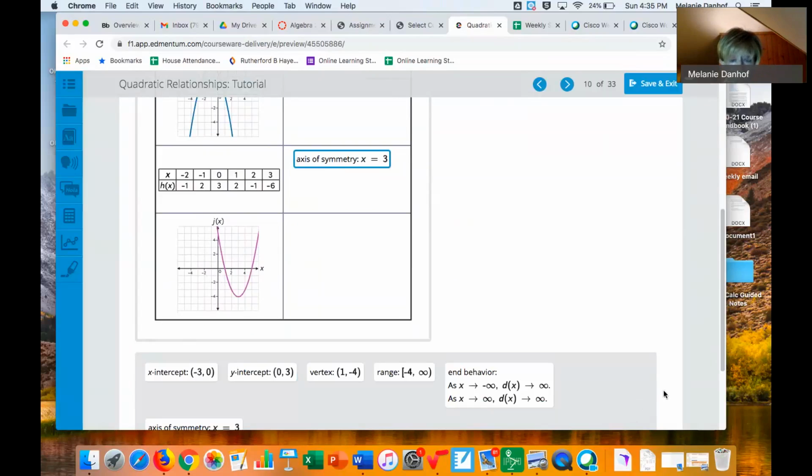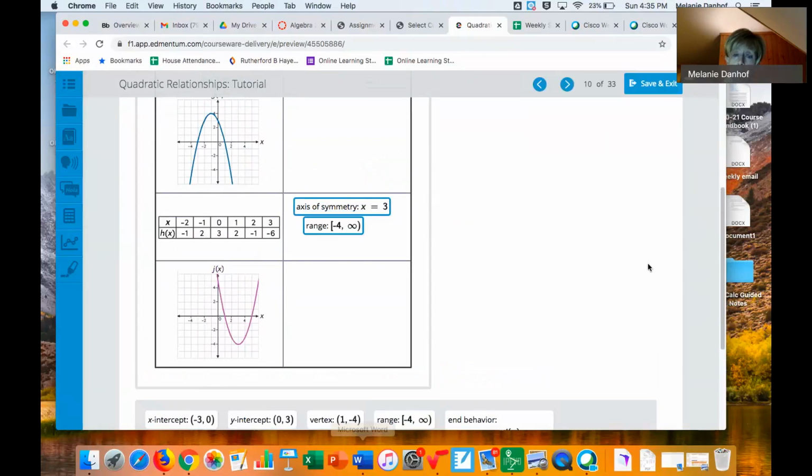And then the only other feature here that's going to work, no, we got two more answers here actually. Our range on this graph, our domain is -infinity to infinity, but our range is going to be -4 to infinity, the lowest point on the graph, and it's going to keep going forever.